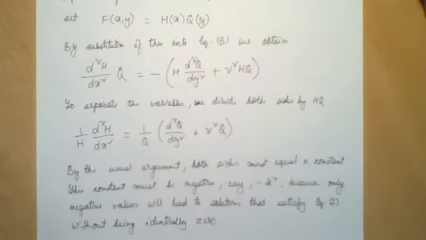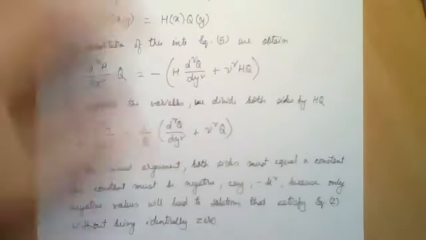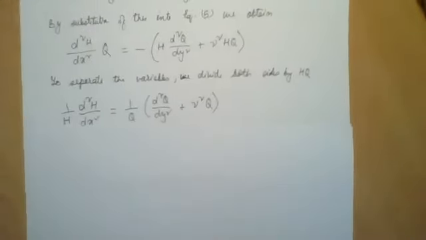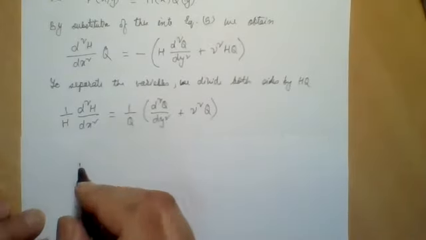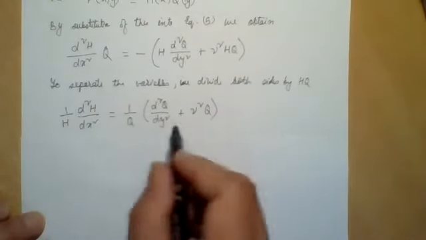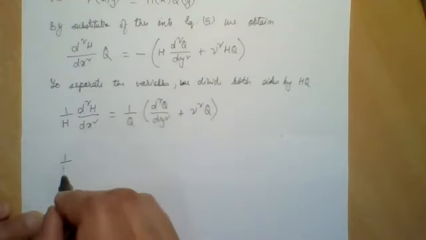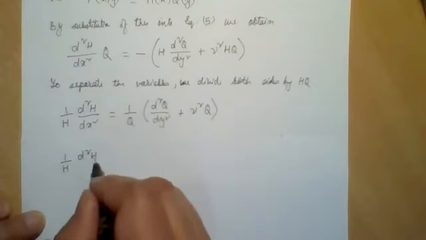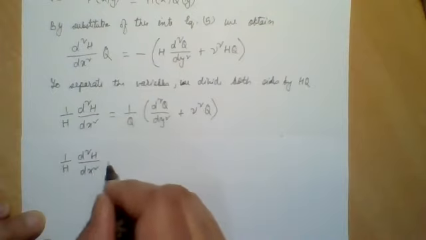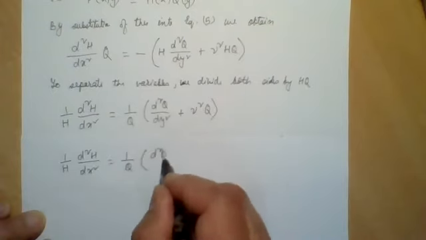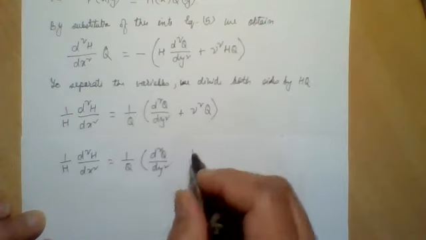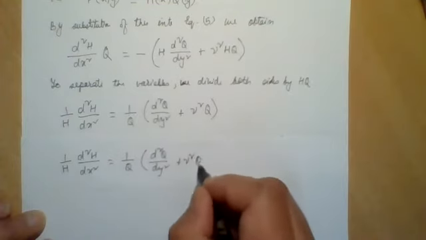Thus, let me write it on a new sheet of paper. So both sides must be equal to a constant. That is what we obtain here. So both sides of this should be equal to a constant. That means 1 by h d2h by dx square is equal to 1 by q d2q by dy square plus nu square q.